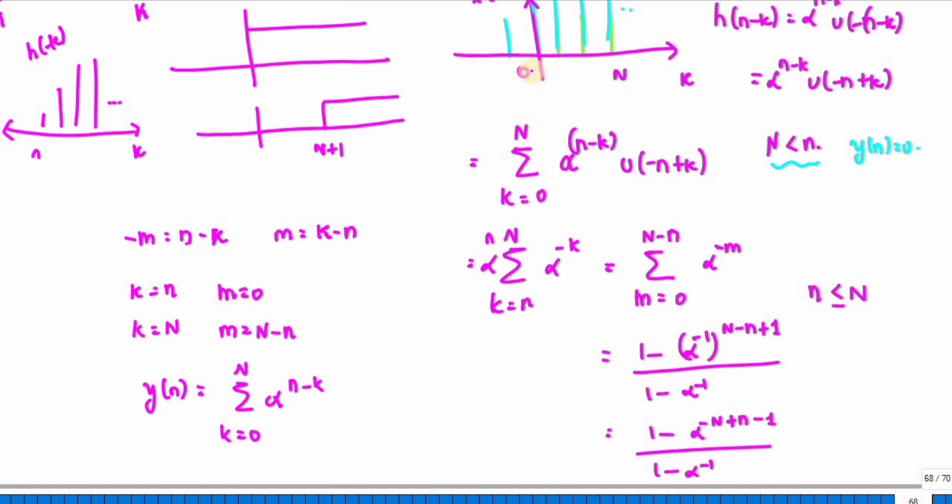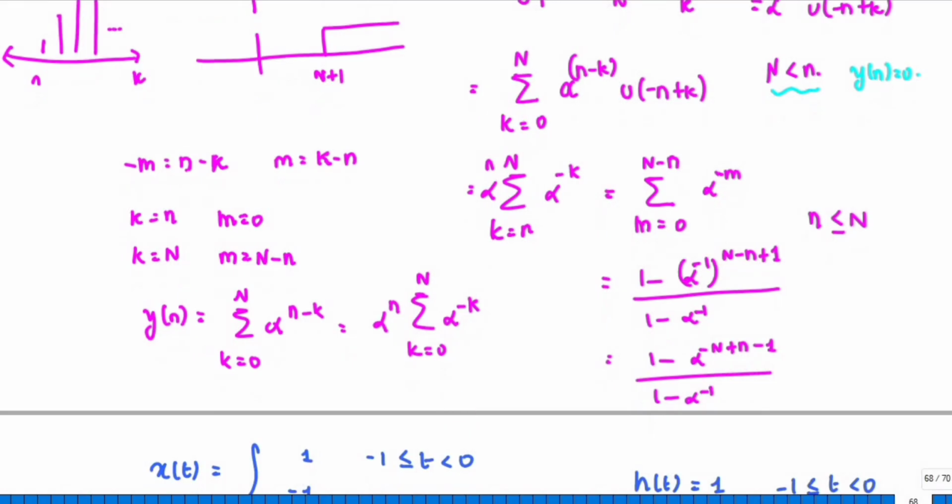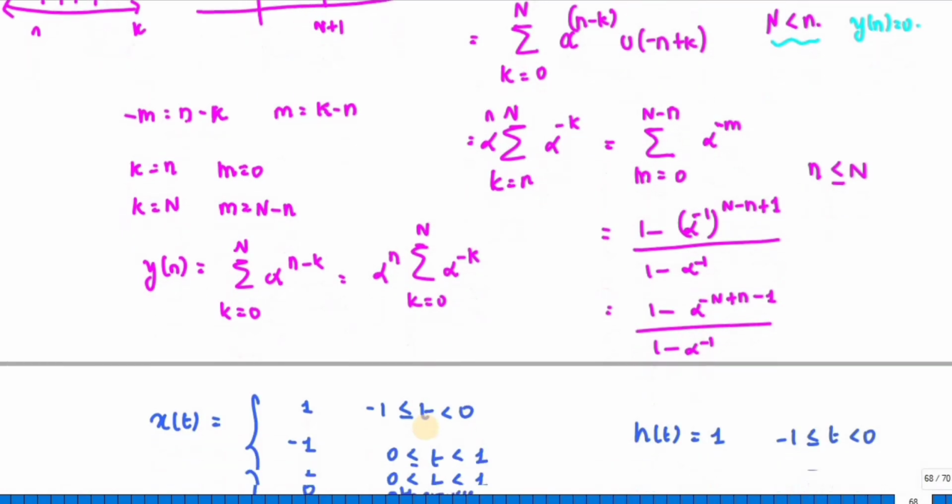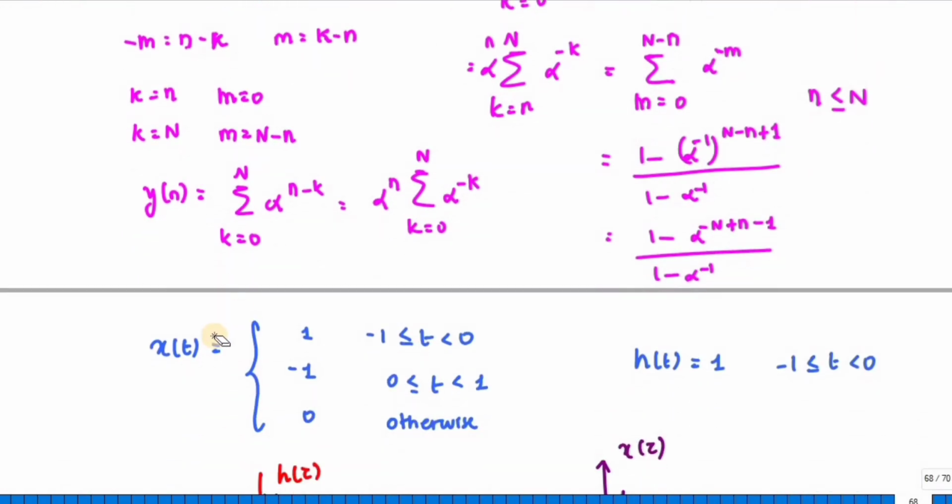Okay. So if that is the case, alpha n summation k is equal to 0 to n alpha power minus k. So this I can write as alpha n, 1 minus alpha power minus 1 to the power n plus 1, divided by 1 minus alpha power minus 1.